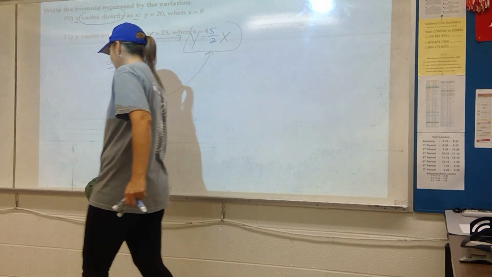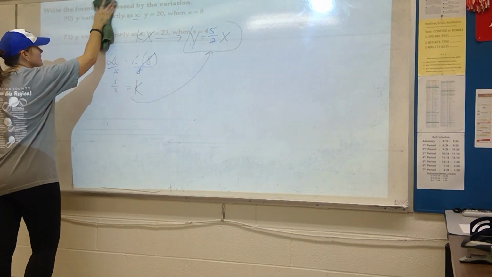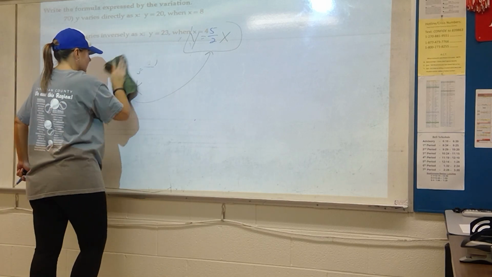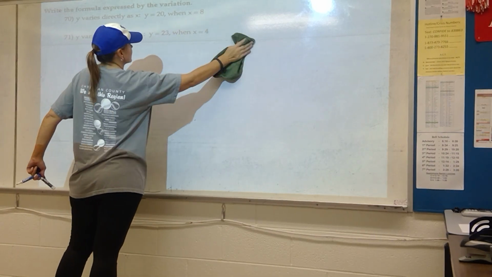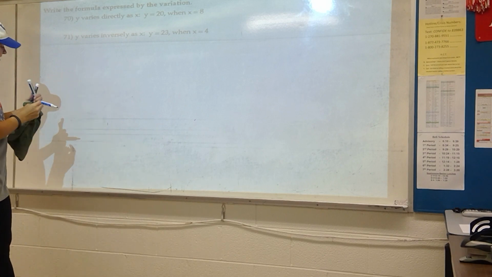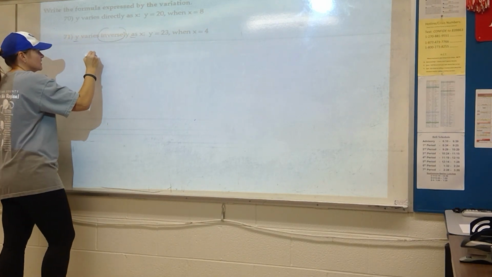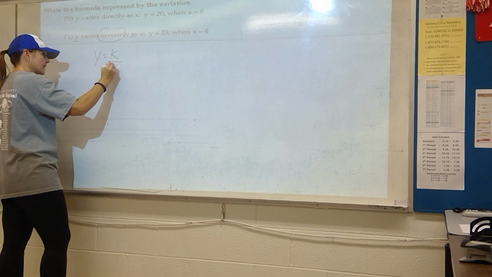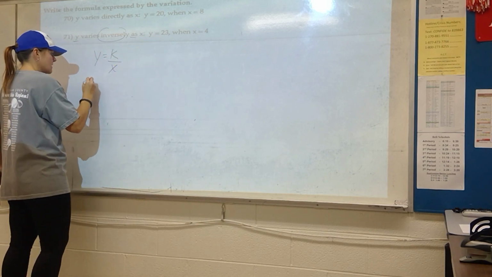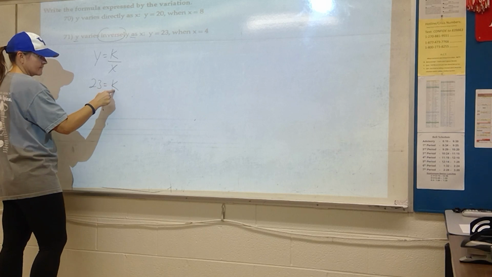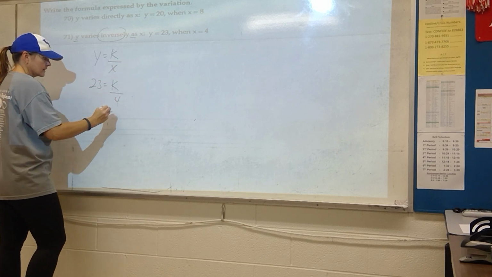71 wants you to find k because it wants you to write a formula for the expressed variation. This time it's inverse. Y varies inversely as x. It's y equals k over x. You know y. We're trying to find k. They give you x.